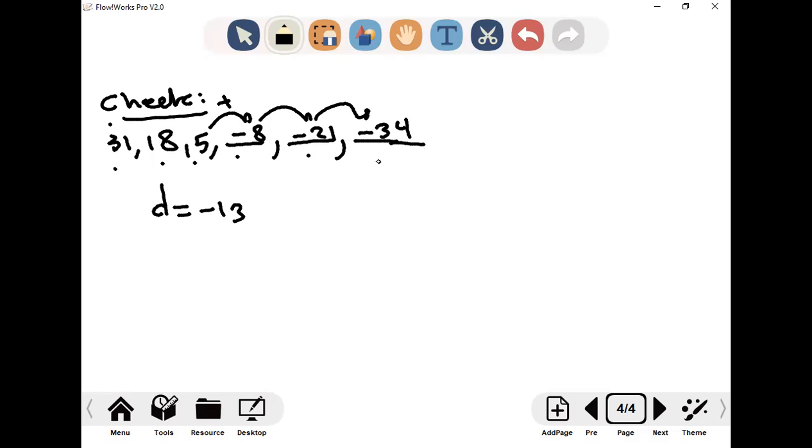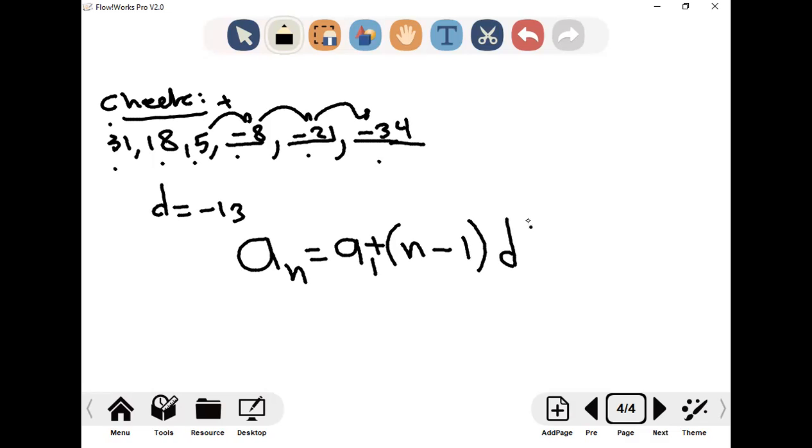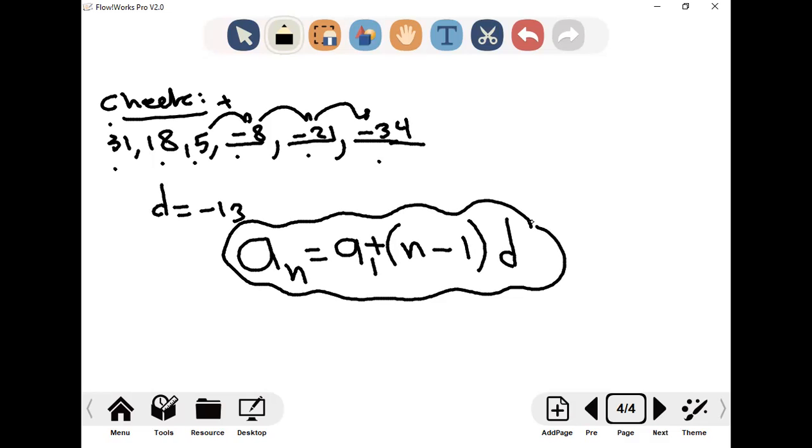So here we will use a formula for the nth term. To find the nth term, we will use this formula: An equals A1 plus n minus 1 multiplied by d. Now, A1 is the first term.